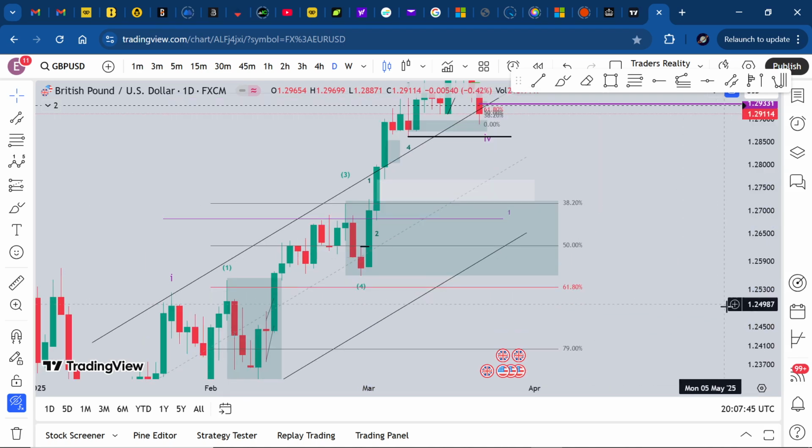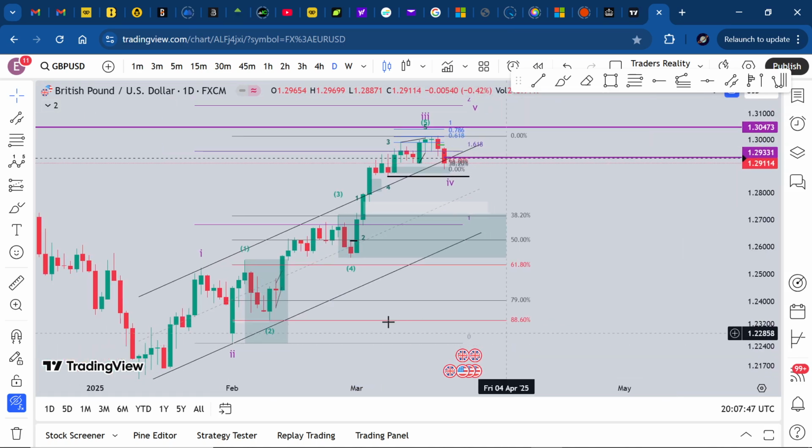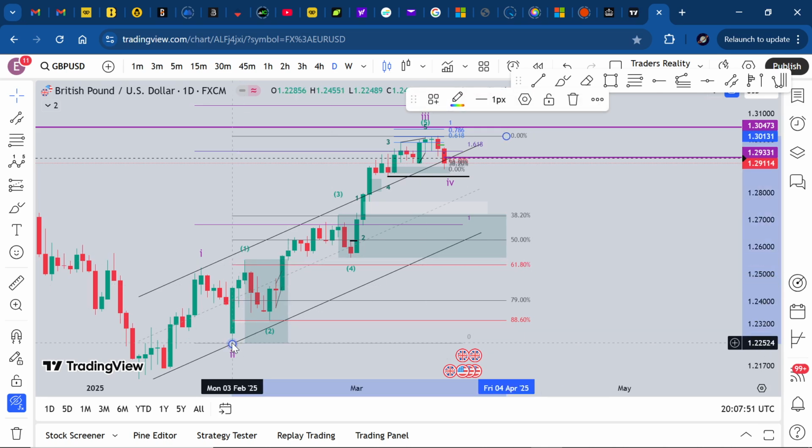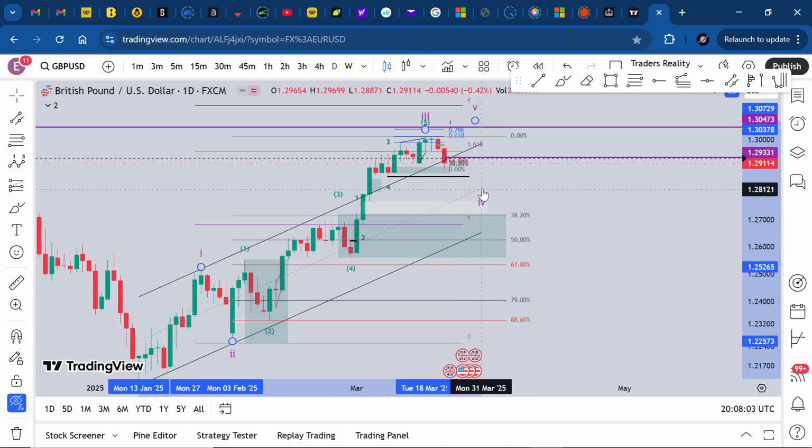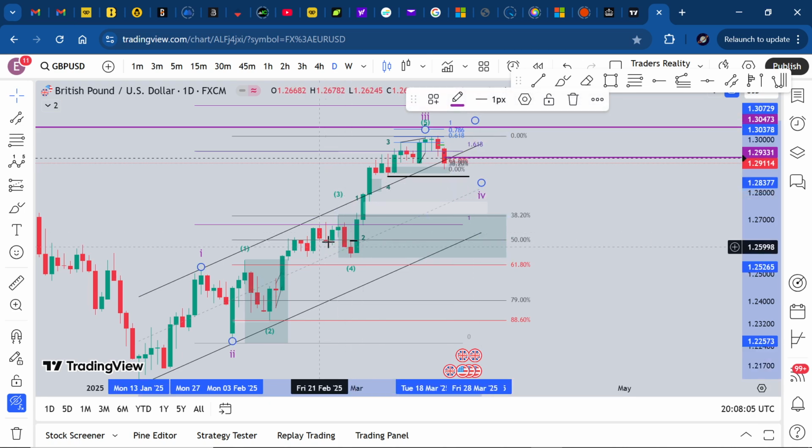Okay, now this 2 is all the way down here. I've drawn the fib extension from the bottom of 2 to the top of 3, and we cannot hit the 618 prior 4th wave, for this is 1, 2, 3, 4.